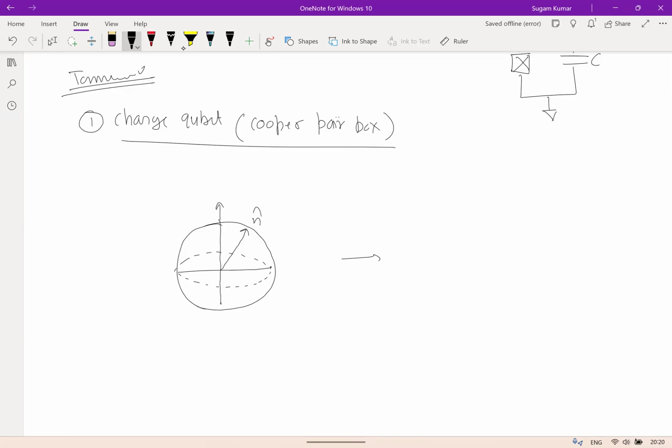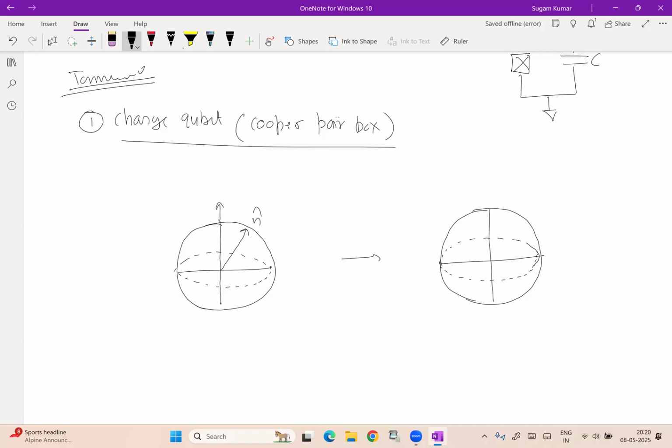I am going to tell you that here also, in the case of a charge qubit, I am going to represent this charge qubit on the Bloch sphere. In fact, on day one you asked whether we can represent a Bloch sphere for a different system. I said yes, but with a change in the mathematics, and that is the change we are going to do tomorrow.